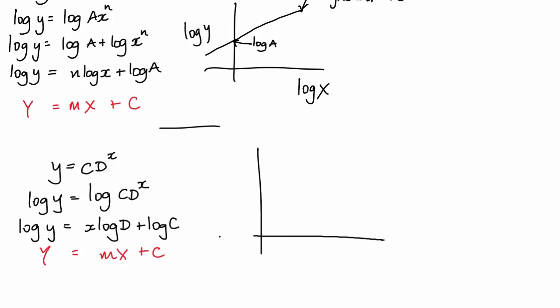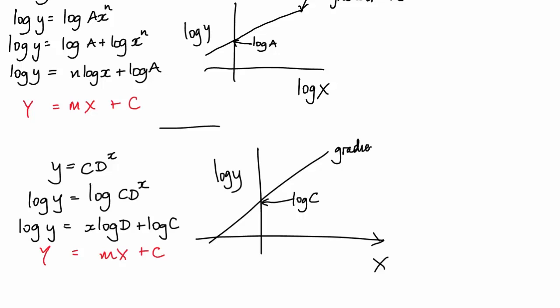This time a graph of log y against x only would give me some sort of straight line. Doesn't have to be positive gradient either, I'm just generalizing. This point here would be log c, and the gradient would equal log d. Once you've got these two values from the graph, it's then a very simple job to actually evaluate the numbers that would take you back to the original relationship.